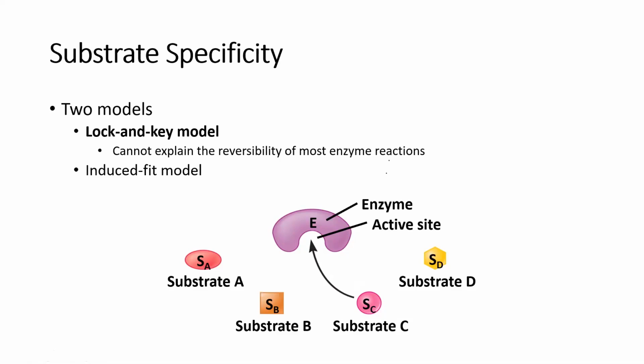And this is where the problem comes in, is that it doesn't explain how the product now can bind to that enzyme once again and give a substrate on the other end. So if there's an induced fit of the substrate to the enzyme, that doesn't explain how the product can also bind to the enzyme. So there's kind of a problem with this first model of substrate specificity.